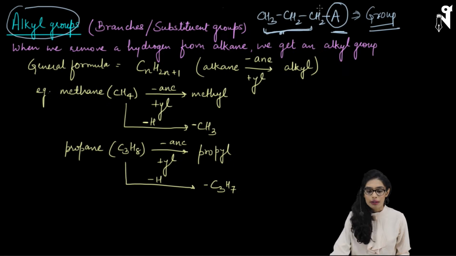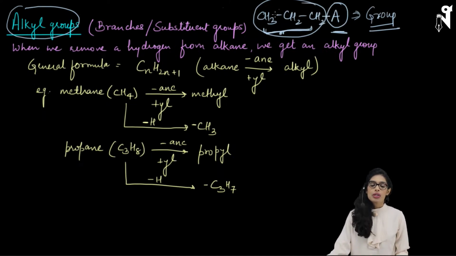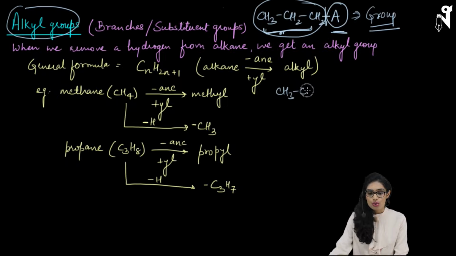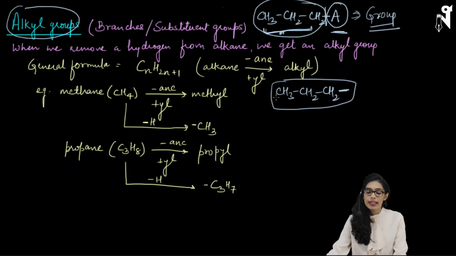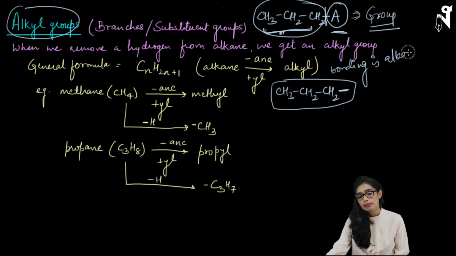Now look at this part, the carbon chain part. I'm going to talk about only CH3, CH2, CH2 and the dash, only this part. If you talk about this part individually, this is not an alkane, it is partly alkane, where the bonding is alkane type.